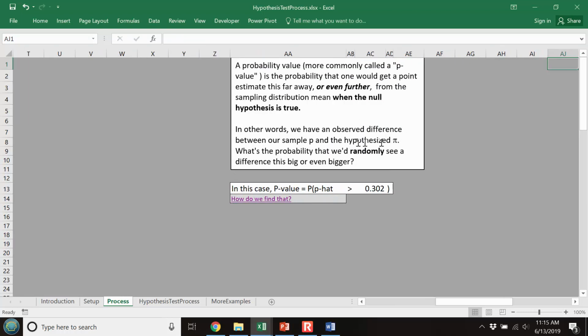So we have an observed difference between our sample p and our hypothesized pi. What's the probability we'd see something that big or bigger? So the probability the p-hat is bigger than 0.302, again when the null hypothesis is actually true.